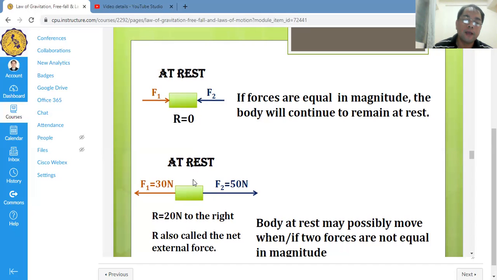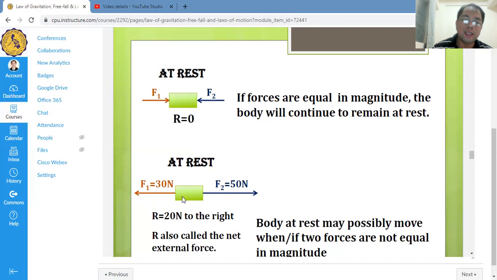Now, if the body is at rest, but you apply two forces of different values, one is 50, another is 30, there is now a difference of 20 newtons. That 20 newtons will cause this body to move to the right. From rest, it will change its condition into motion. In order for motion to occur, the forces should be unbalanced.